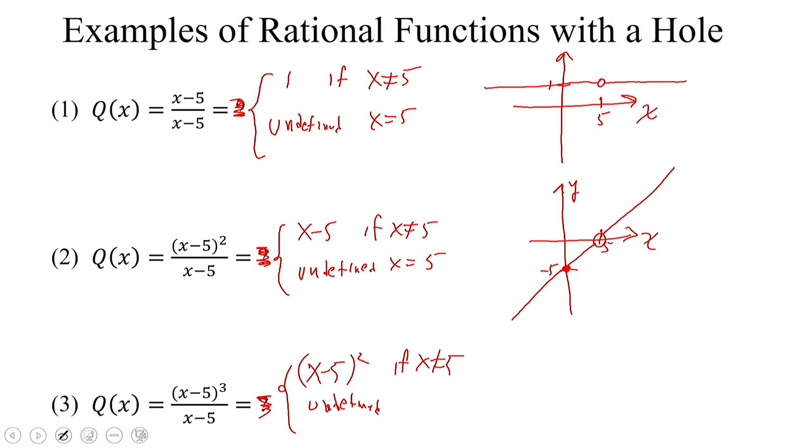Well, this is a parabola. Where's the vertex? Well, the parabola vertex would ordinarily be at x equals 5. But it's not defined there, so there's a hole. And then the parabola goes up like this. So that gives you a feeling for what holes look like.